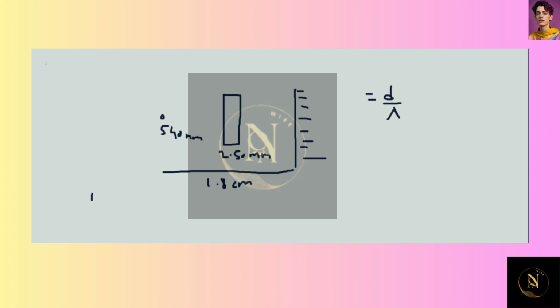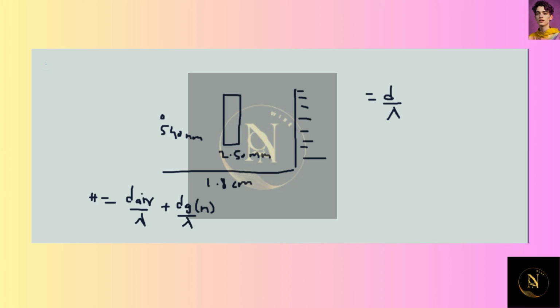So the total number of wavelengths can be written as the distance in air over the wavelength, plus the distance in glass times the refractive index of the glass, n, over the wavelength lambda.